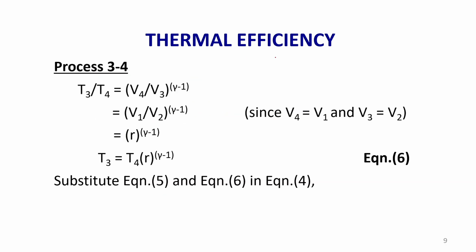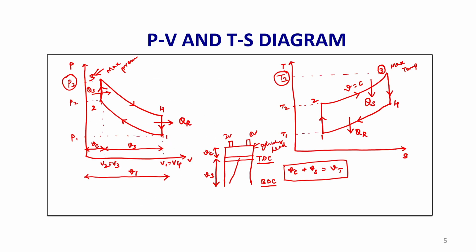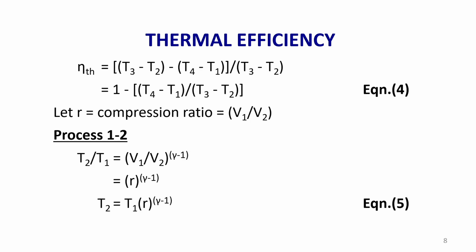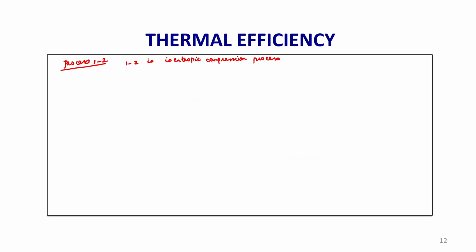So, let us refer to the PV and TS diagram. See, 1 to 2 is isentropic compression, entropy is constant, where the pressure and temperature of the working fluid, which is air, increases. Okay. So, let us write the thermodynamic relation between temperature and volume for an isentropic process.